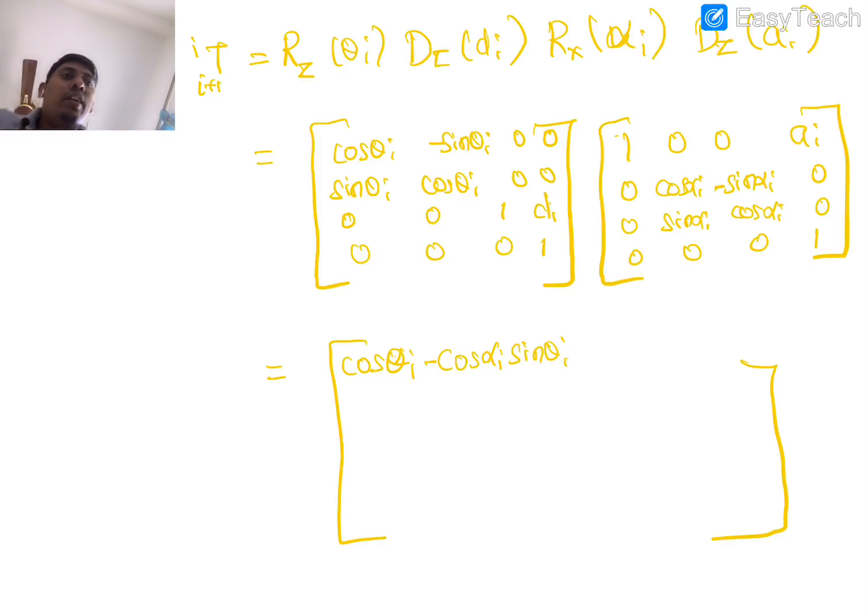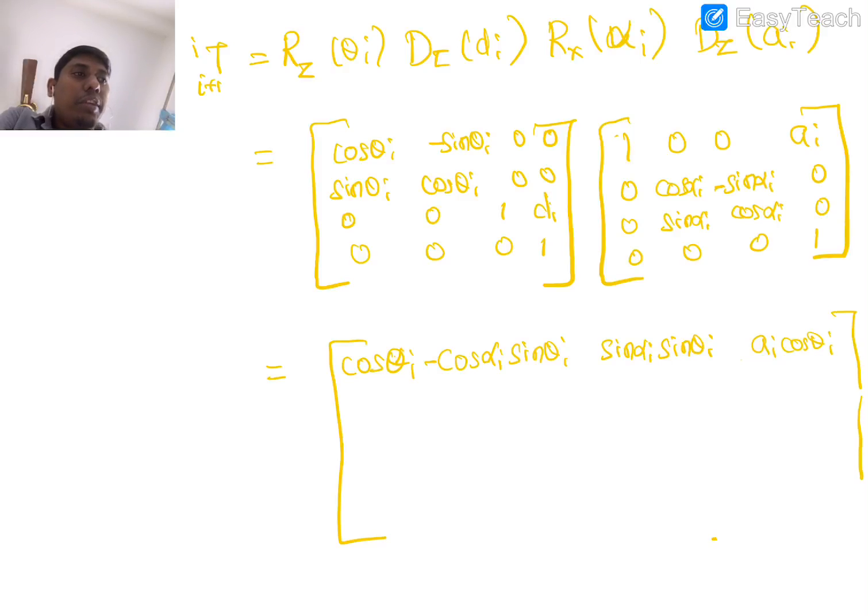Similarly, first row third column would be minus of minus, so it would be sin alpha i sin theta i, and the fourth one you can see a i cos theta i, that is what remains.